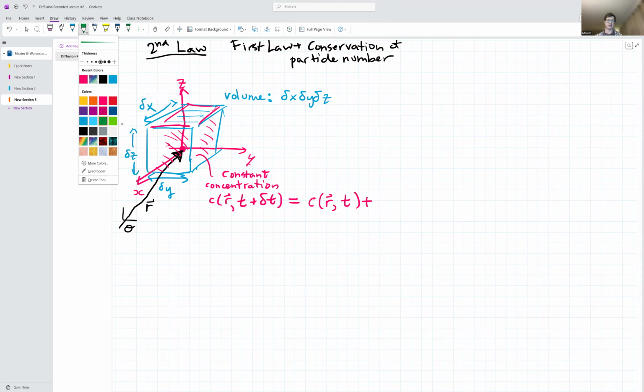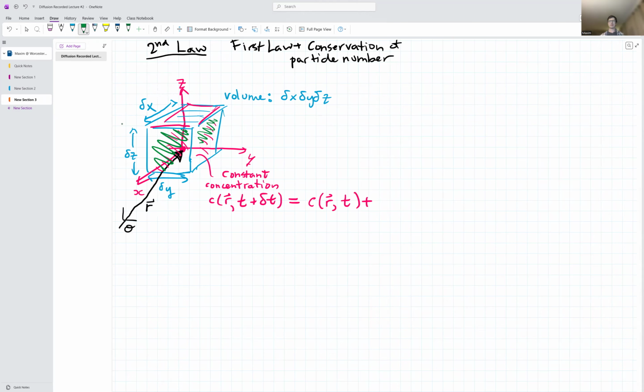So the back face and the front face. Well, that should be related to the flux. First of all, the area of the green surfaces here is just delta z times delta y. That's the area.